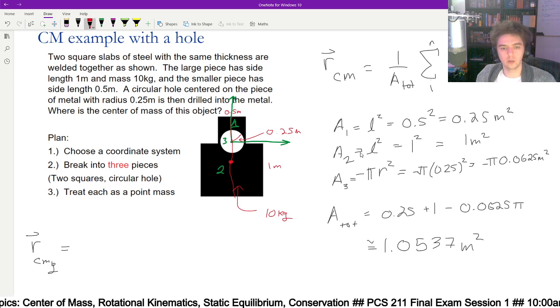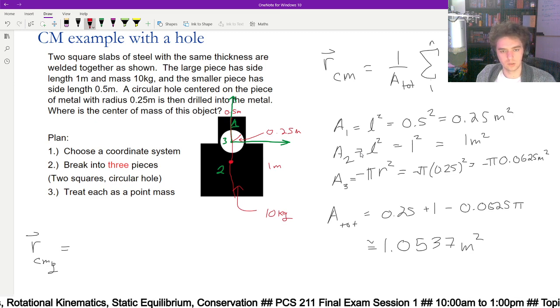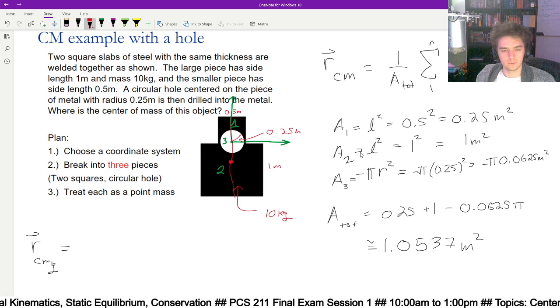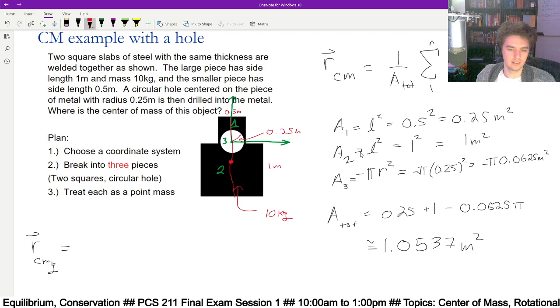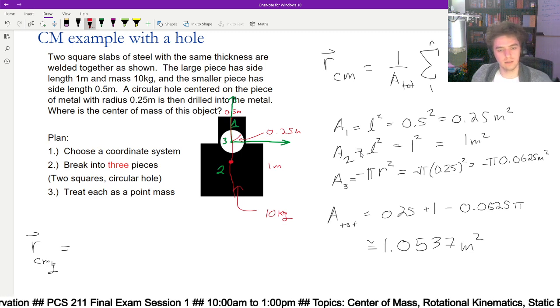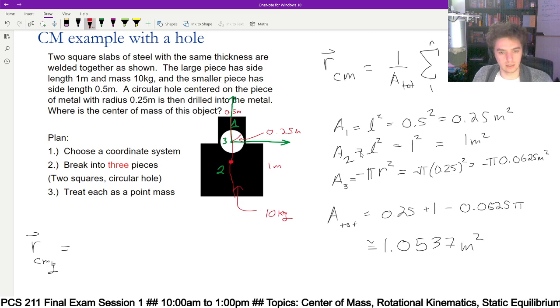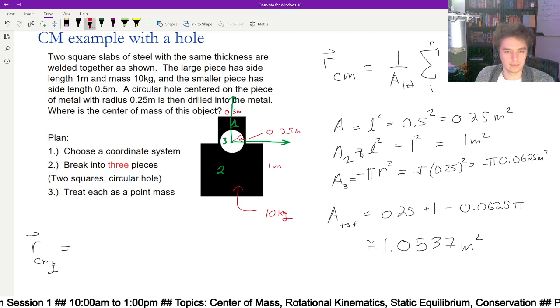We don't know the y component yet, but we know the x will be right in the middle. That's because it's symmetric. It's symmetric in the left and right halves, across the y-axis.